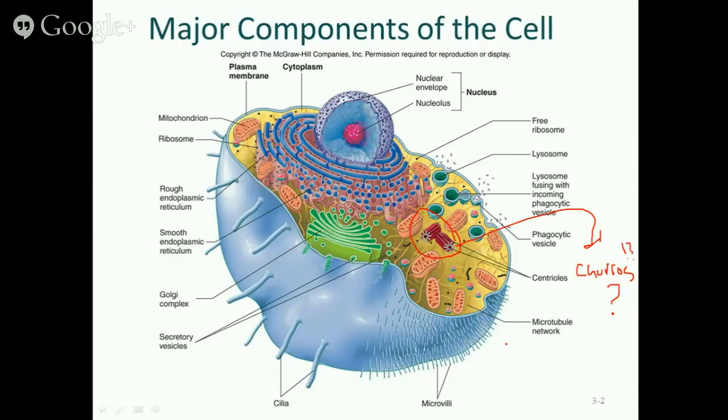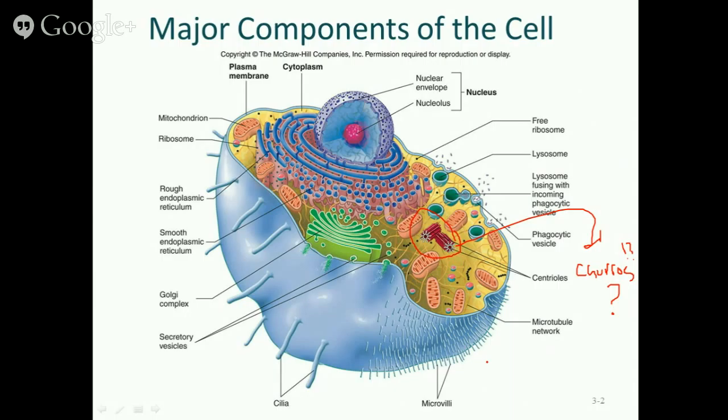So when the cell divides, like to repair a wound, it's got to make a full copy of this and then pull half of that DNA, one of the copies, over to the new cell and keep the other copy in the parent cell. Okay? And these centrioles are what help to pull that DNA apart. Okay?